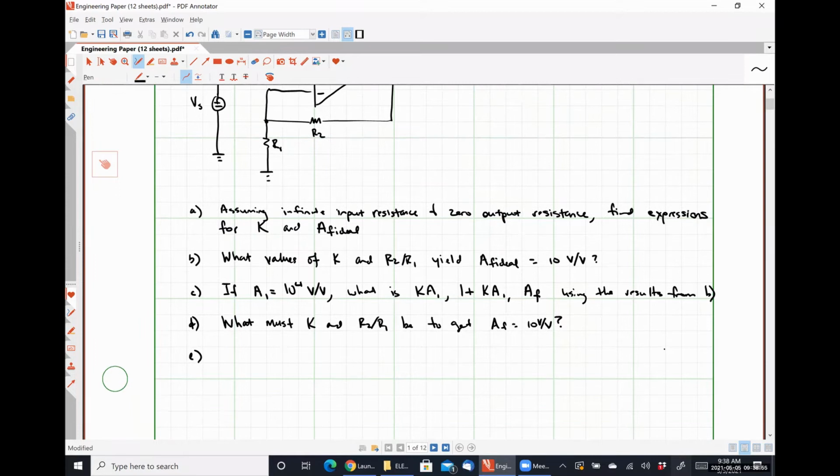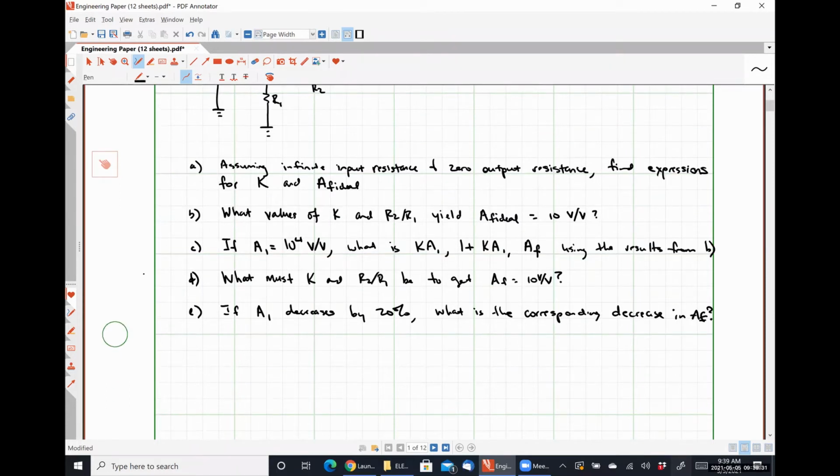And finally, E. If A1 decreases by 20%, what is the corresponding decrease in our closed loop gain AF? Okay.